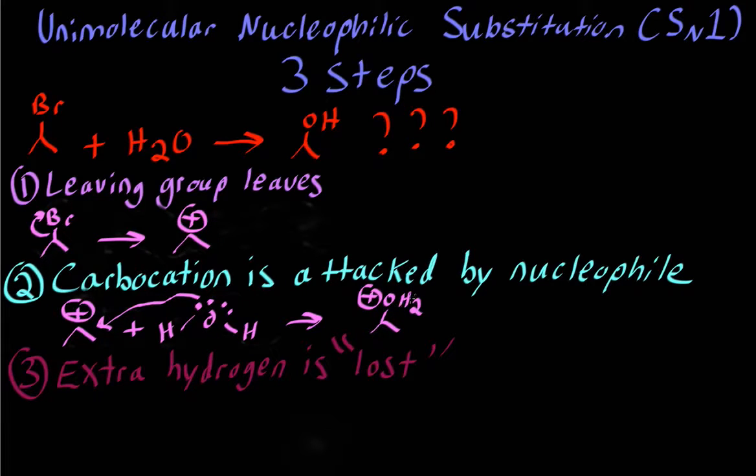Now, one of these hydrogens needs to be lost because this would be more stable like this, and having two hydrogens makes one of those hydrogens really acidic. So really all you have to know is we don't want this plus charge here. We want it to be gone, and the way we do that is by removing a hydrogen. So how are we going to do that? Well, we can do this.